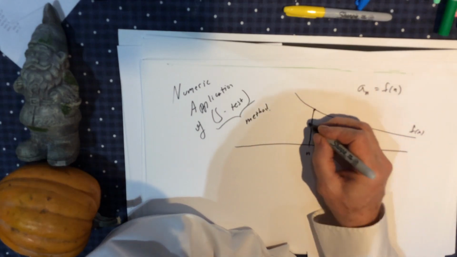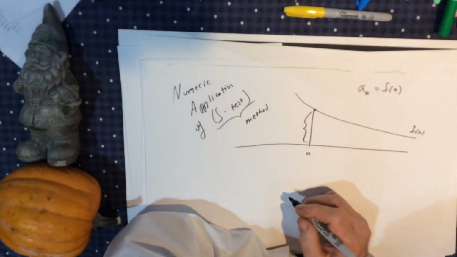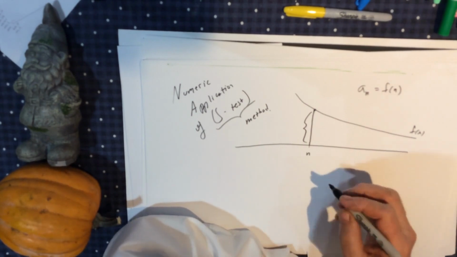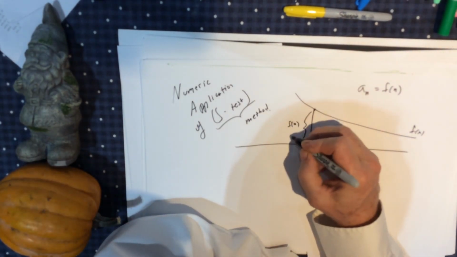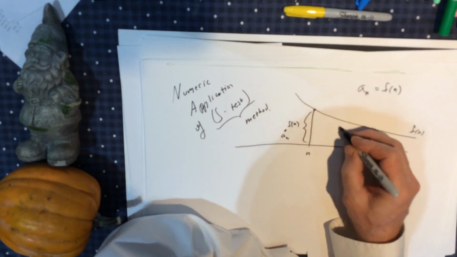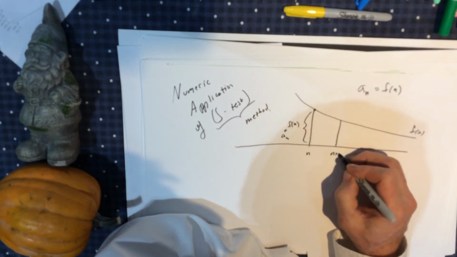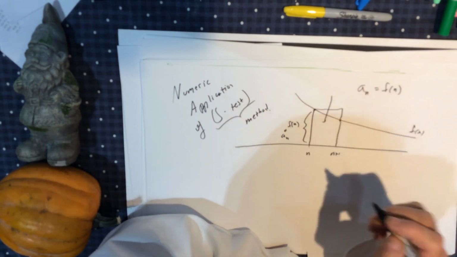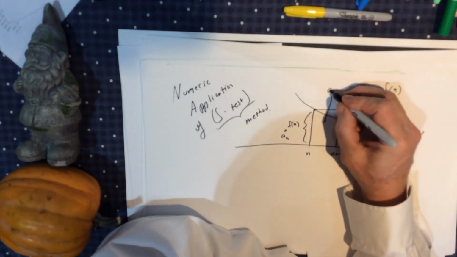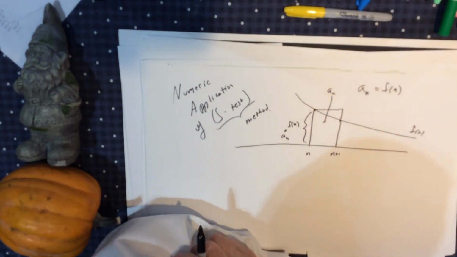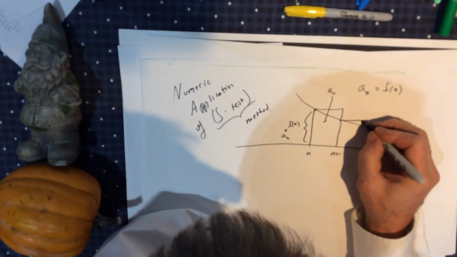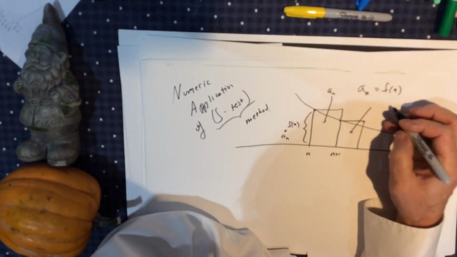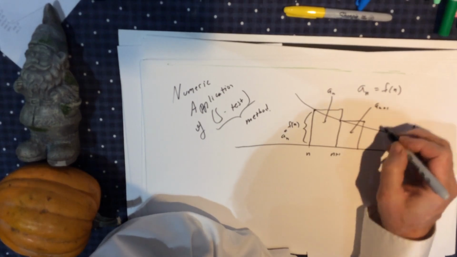So this height right here is going to be f of n, which is a sub n. And when we move over to n plus 1, that's with 1, this box, as we've seen before, is the area A sub n. And this box is the area A sub n plus 1.